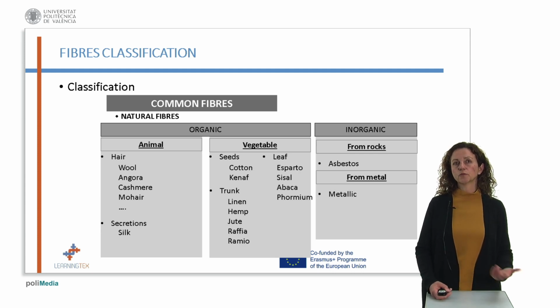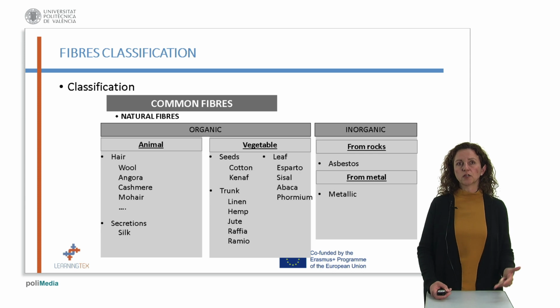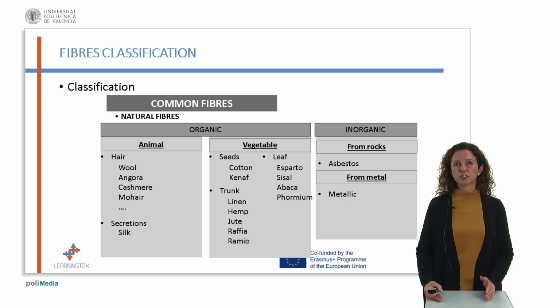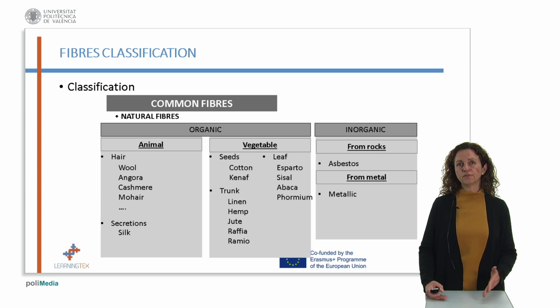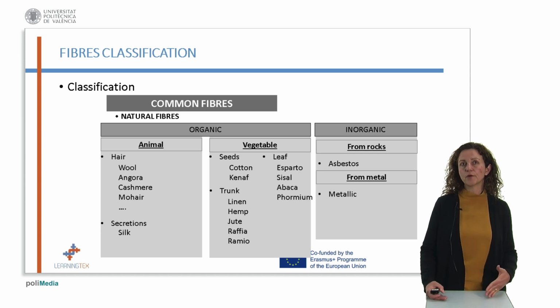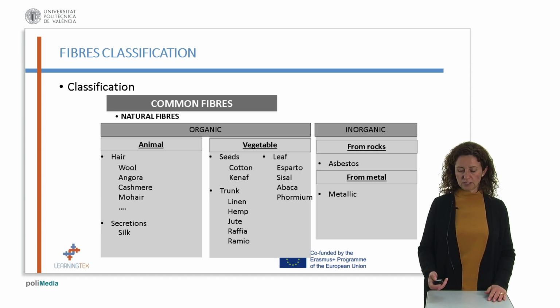From animals, the most extended are wool, which comes from the hair of animals, or silk, the one that comes from secretions of animals. Whereas on the other side, we've got vegetables, and they can proceed from seeds, from leaves, or from trunks. Examples of these fibers could be cotton, linen, hemp, or sisal, for example.